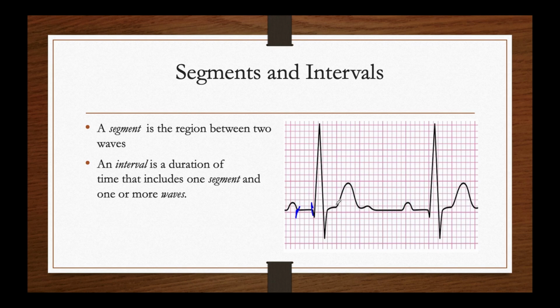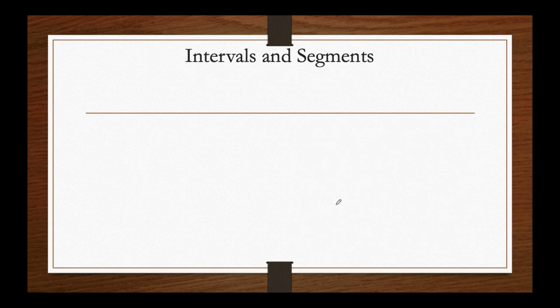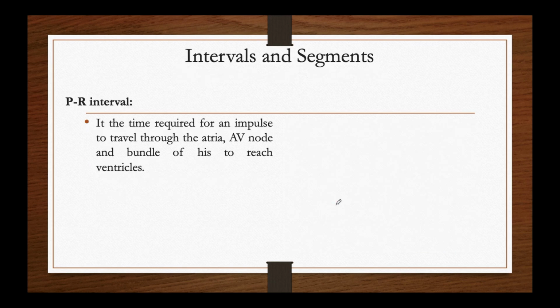So how many intervals and segments do we have? Let's quickly go through them. So we have the PR interval. When we say the PR interval, it is the segment which starts at the end of the P wave and ends at the beginning of the QRS complex.